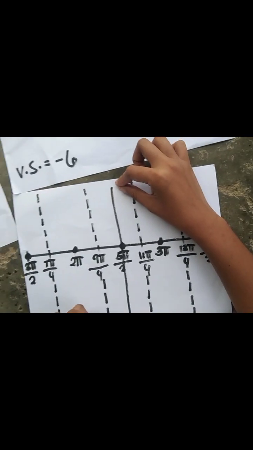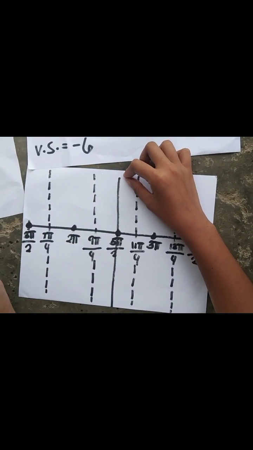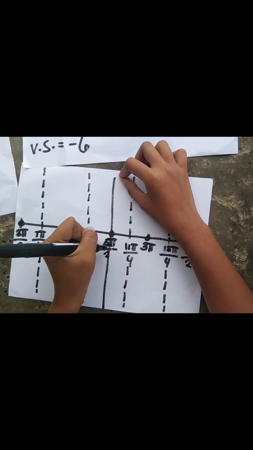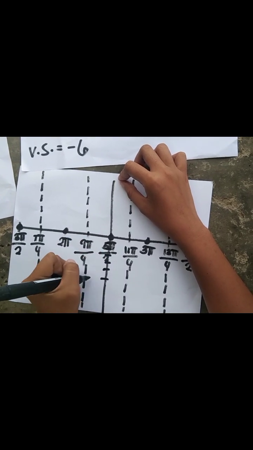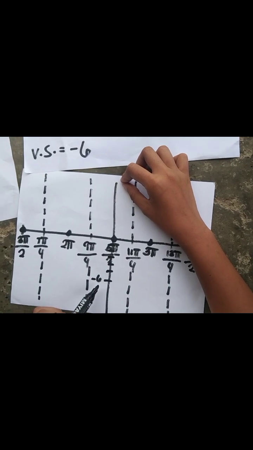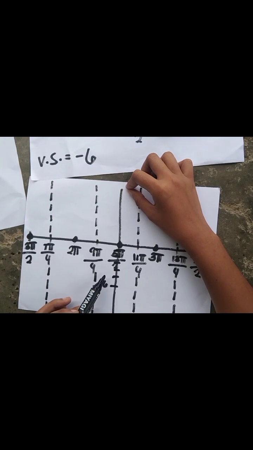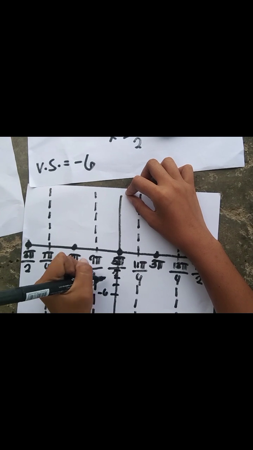And our vertical shift is negative 6. So 1, 2, 3, 4, 5, 6. So this is negative 6. Then vertical shift minus the amplitude, which is 2, equals negative 4.